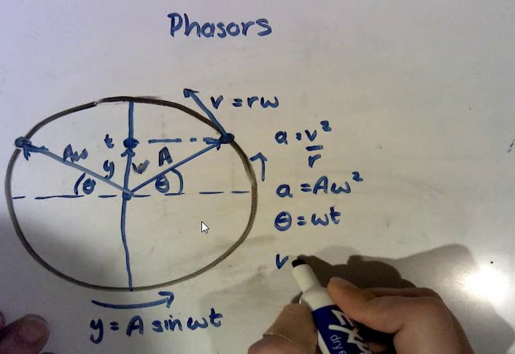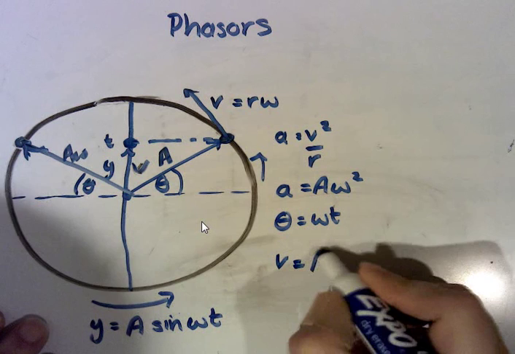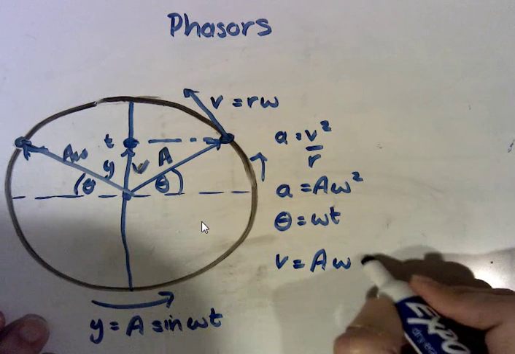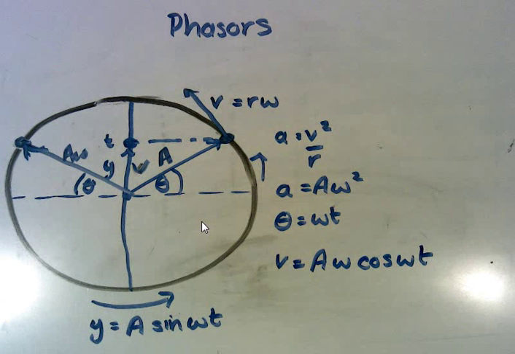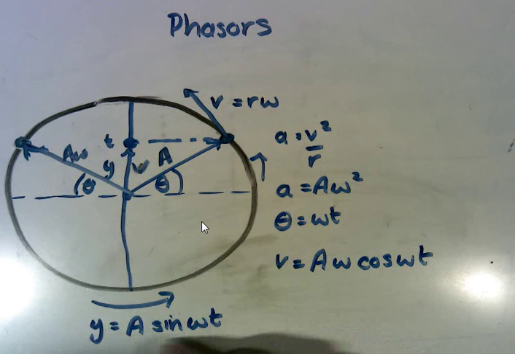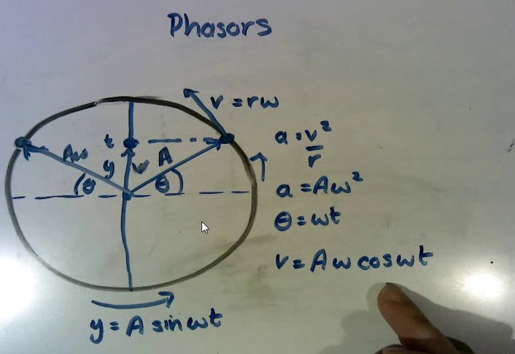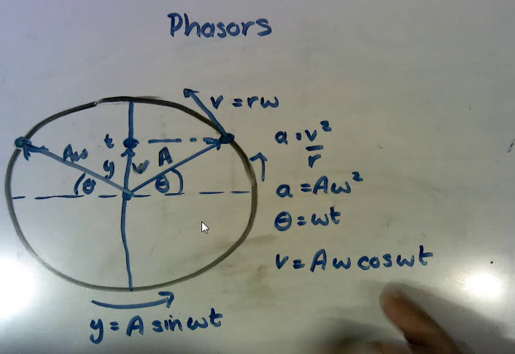Now moving on from that, we've also got acceleration to think about. So I'm going to go down here with our acceleration phasor. Acceleration is AW squared. So this is our acceleration vector.